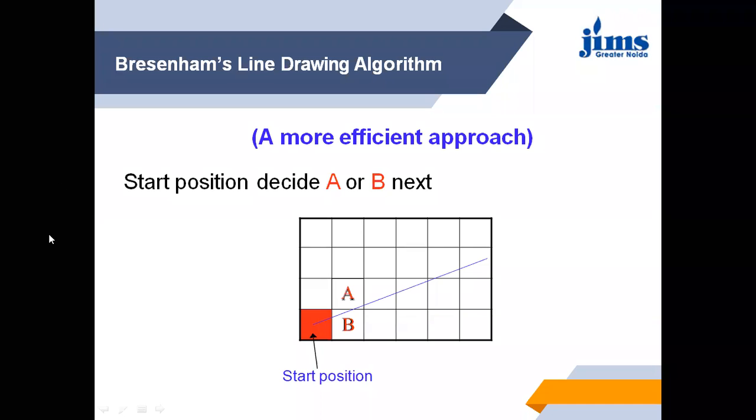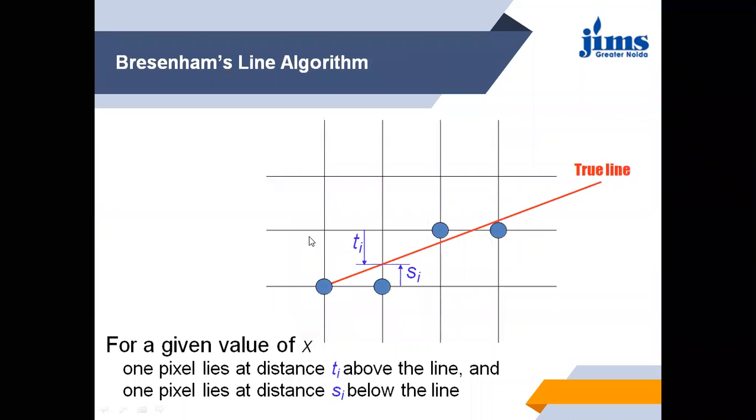Suppose this is our line, this is the coordinate system, and this is the value of the next y coordinate. Sorry, this is the value of y.